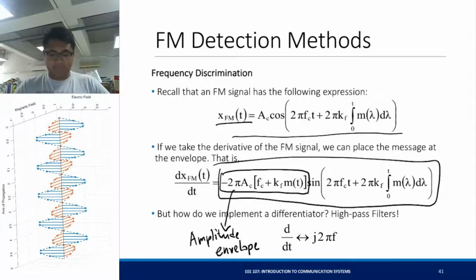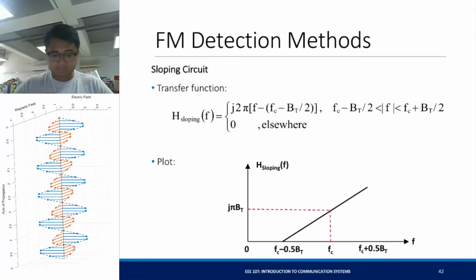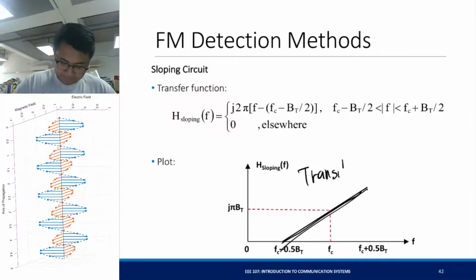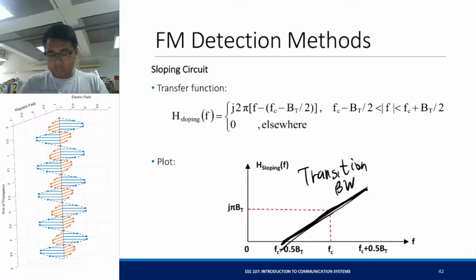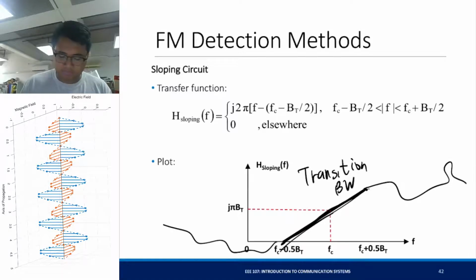We use a high-pass filter. Okay? So we use a high-pass filter for that, and you place the FM signal at the transition bandwidth of your high-pass filter. With that, you have a linear slope at that point, and you just need to have a linear slope in the transmission bandwidth of your FM, and you won't care about the response in the other side of that transmission bandwidth.